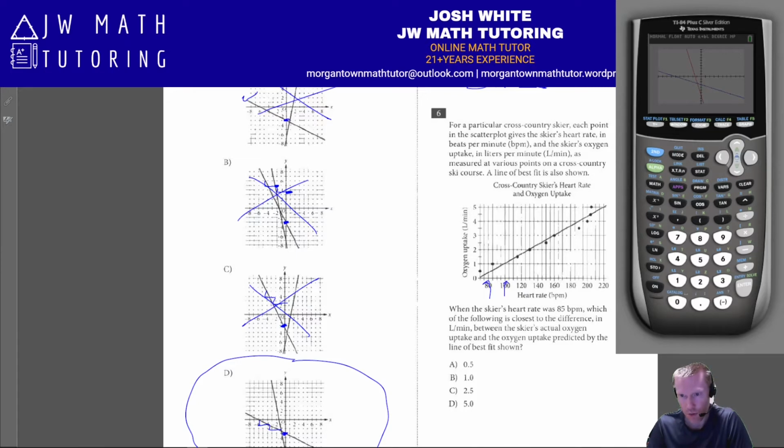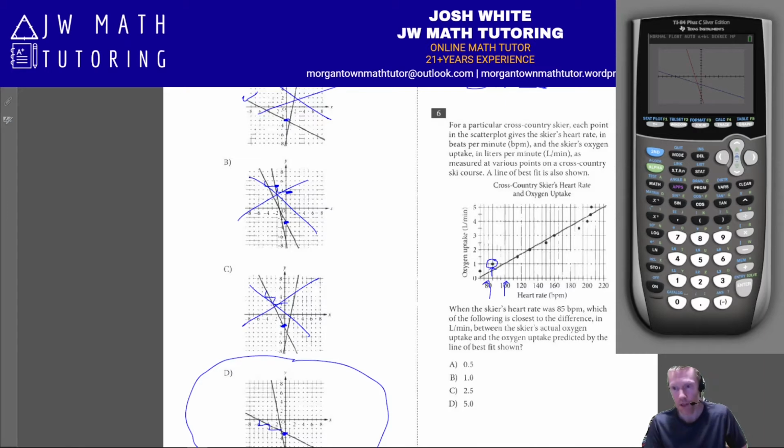If you count it out, you have 1, 2, 3, 4 marks between them. So each tick mark on the x-axis is 5 beats per minute. So 85 is just going to be this line right here. And so this is the point that we're looking at.